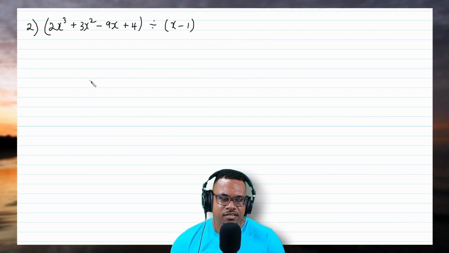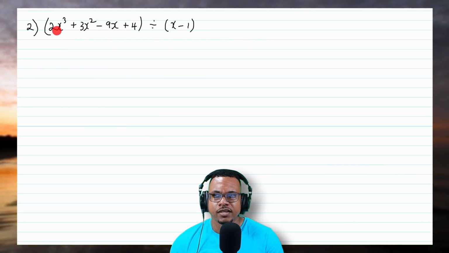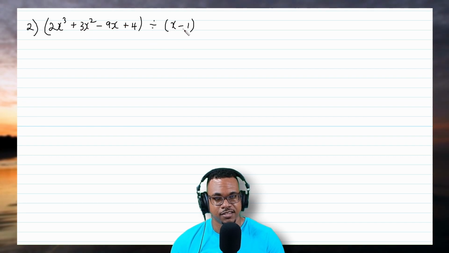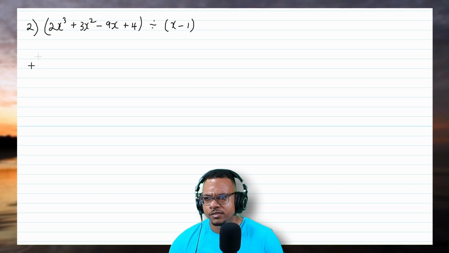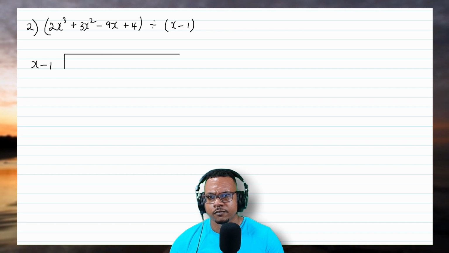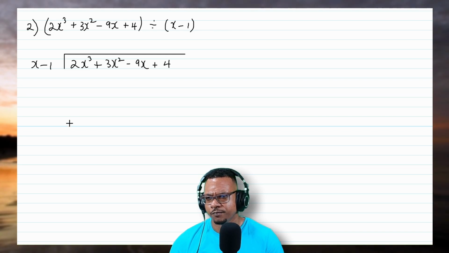For my second question, I'm going to divide 2x cubed plus 3x squared take away 9x plus 4 with x take away 1. So I'm going to write my divisor out here, x take away 1. And I'm going to write my dividend inside of here, which is 2x cubed plus 3x squared take away 9x plus 4.